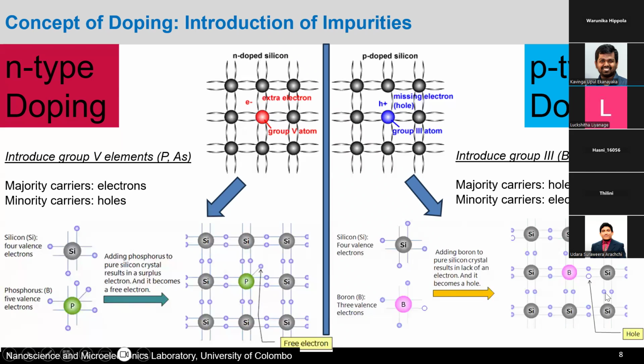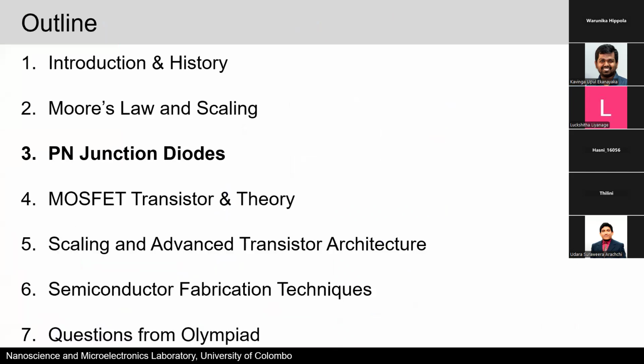So what actually happens is this electron can then jump into this hole, and then there is a vacancy here. The hole has moved here. Another electron can then jump into this hole. So eventually, this hole actually moves around, right? So even though it's the electrons that are actually moving, the holes move in a particular direction, right? So that's how we actually modulate the conductivity of the semiconductor by adding impurities.